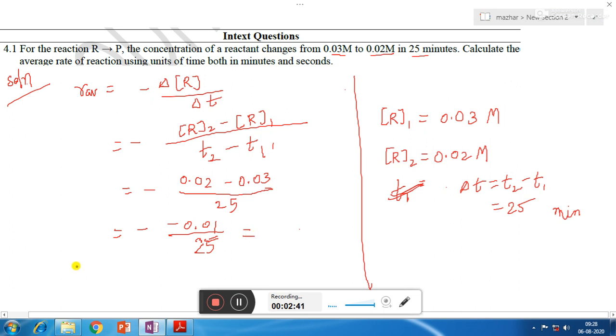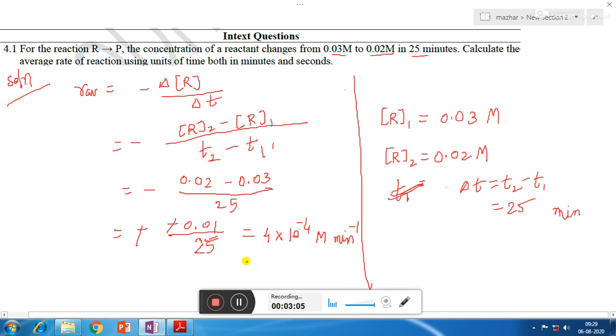So here we will see that minus will become plus, so 0.01 upon 25, so that is 4 into 10 raised to minus 4. Now numerator is delta R, so its unit is molar, capital M, and denominator is delta T, and delta T is in terms of minutes, so unit will be molar per minute.